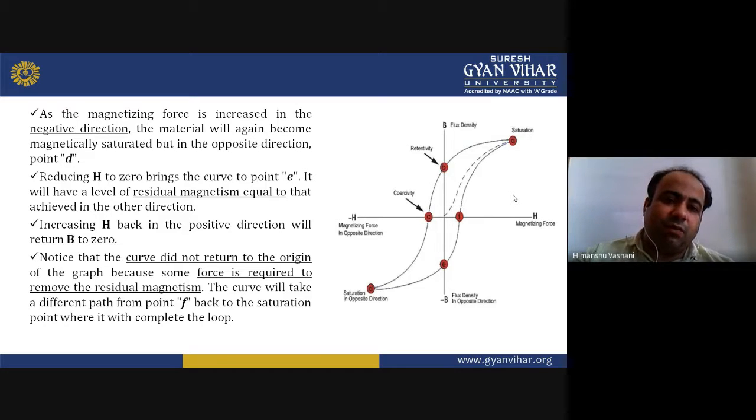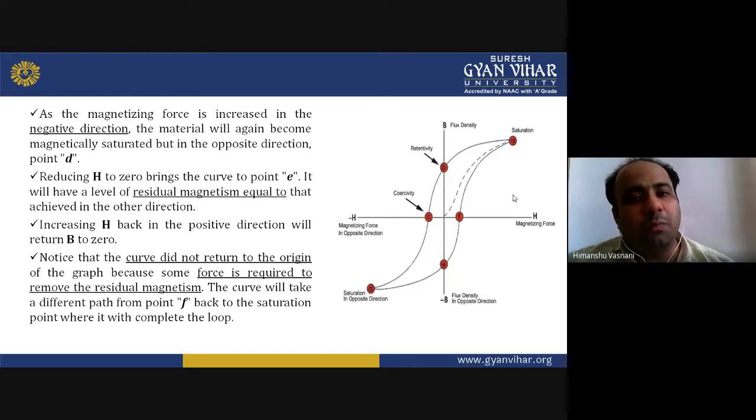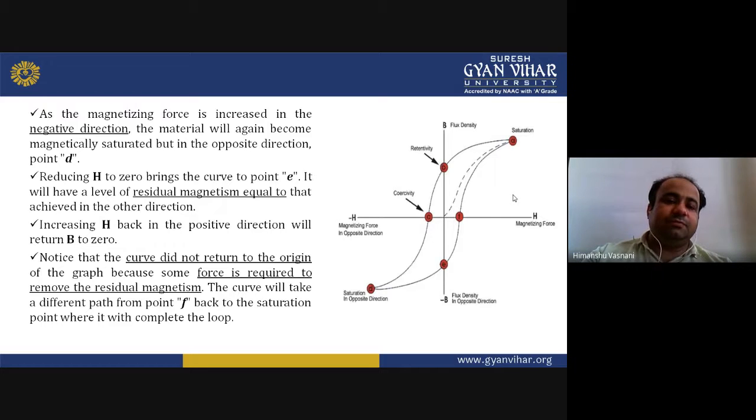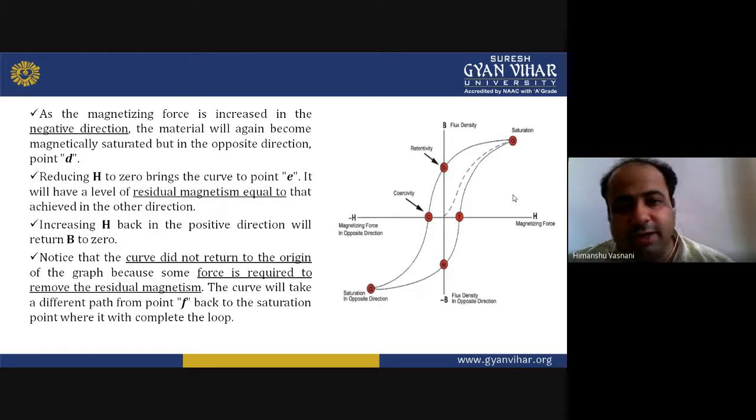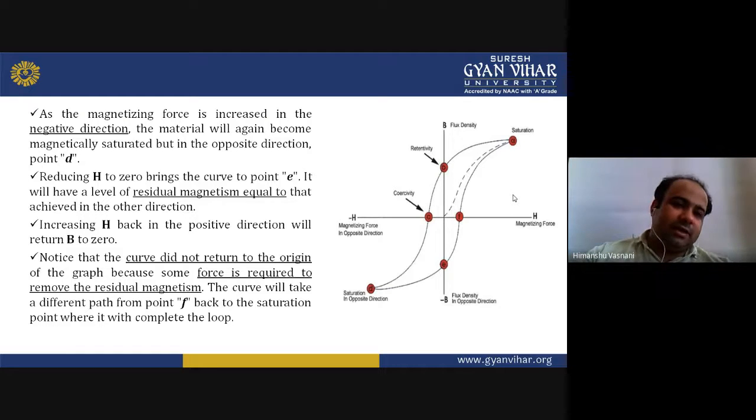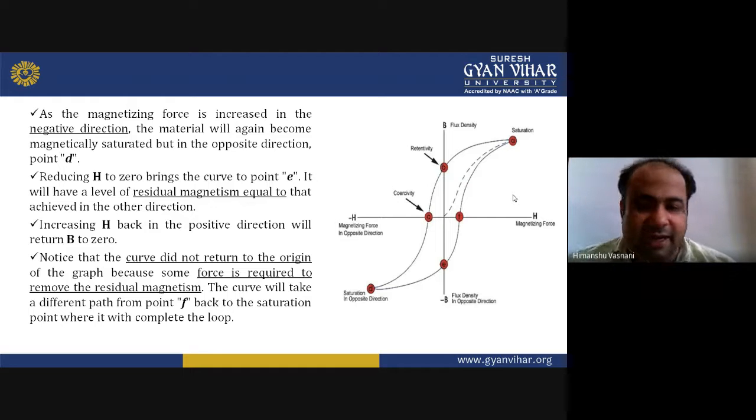As the magnetizing force is increased in the negative direction, that is, in the opposite direction, the material will again become magnetically saturated, but in the opposite direction, at point small d. You can see point small d in the diagram on the right-hand side, written as saturation in opposite direction.